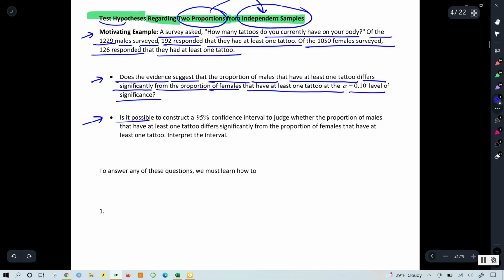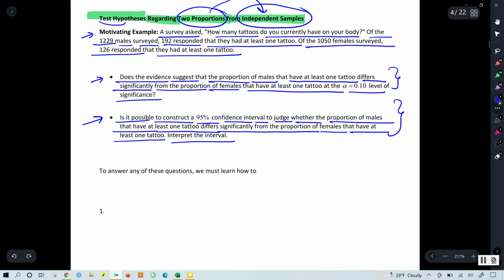Is it possible to construct a 95% confidence interval to judge whether the proportion of males that have at least one tattoo differs significantly from the proportion of females that have at least one tattoo? Can you also interpret that interval? These two types of questions are the kind of questions that we will consider while addressing this topic.